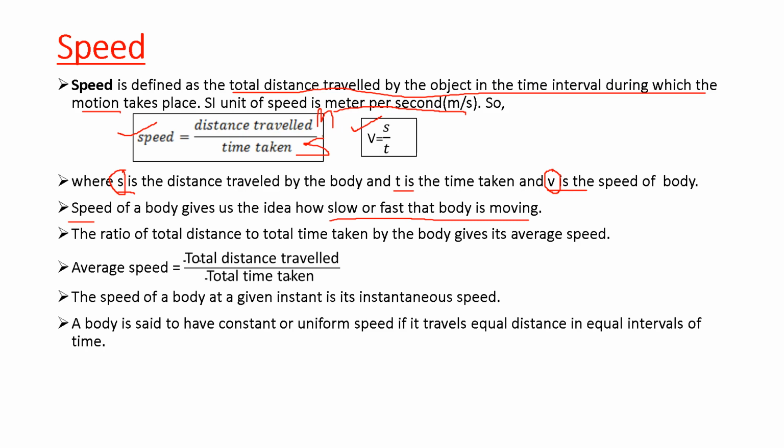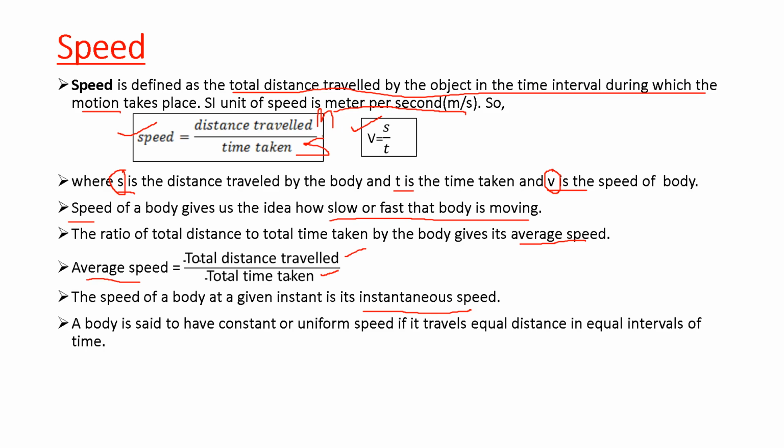Okay, now even the speeds are of two types. It can be average speed or it can be instantaneous speed. Okay, now let us understand how we can calculate average speed. The formula to find average speed is total distance traveled by total time taken. Now what is the need to calculate this average speed? Suppose you are driving a car from Mumbai to Surat, and you have to cover a few hundred kilometers.